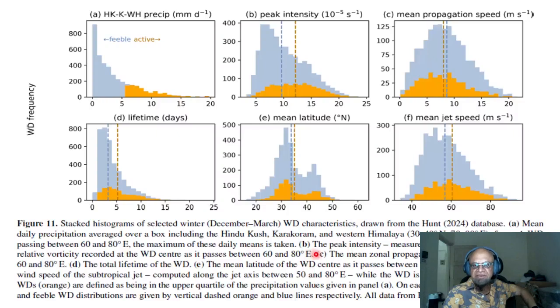B, the peak intensity measured as the highest value of 350 hectopascal vorticity recorded at the WD center as it passes between 60 and 80 degrees east. So vorticity will tell you how strong the convergence and cyclonic circulation is. C, the mean zonal propagation speed of each WD within that same box, in terms of the velocities.